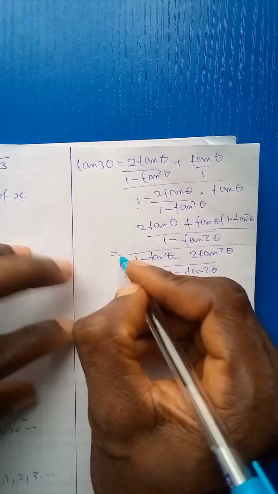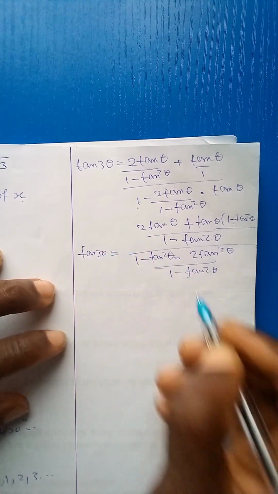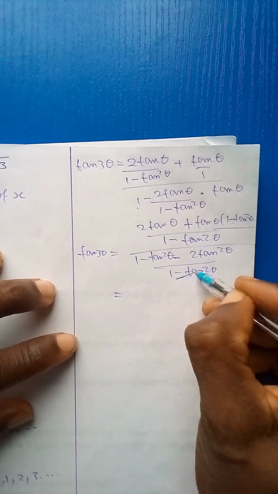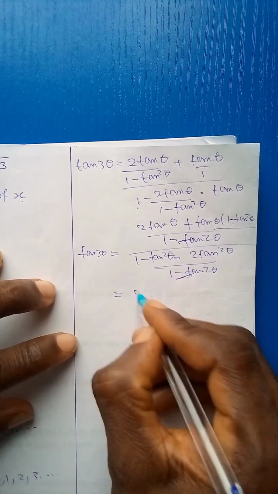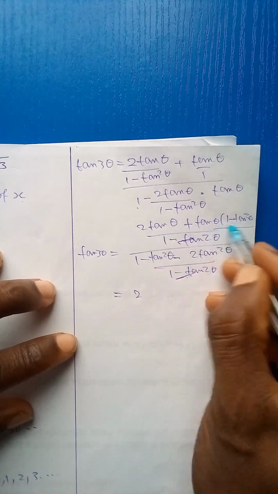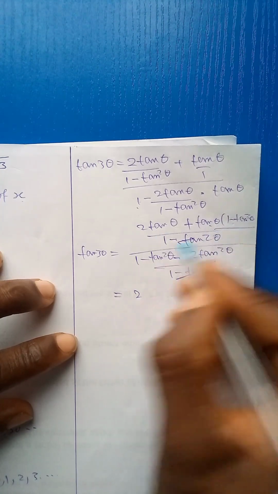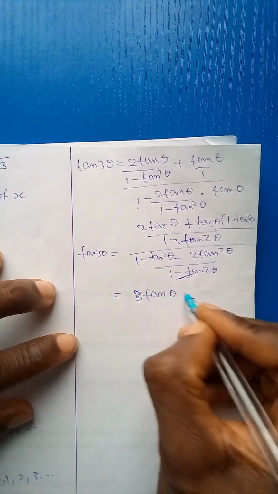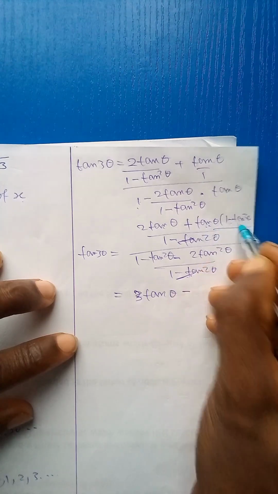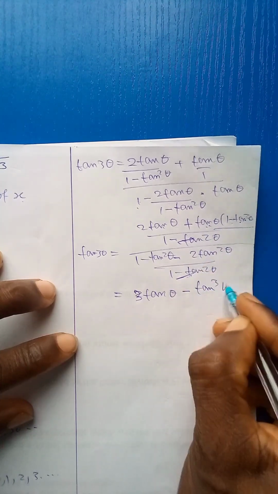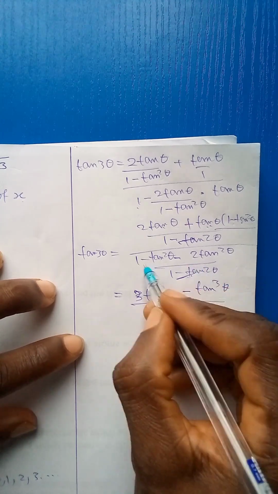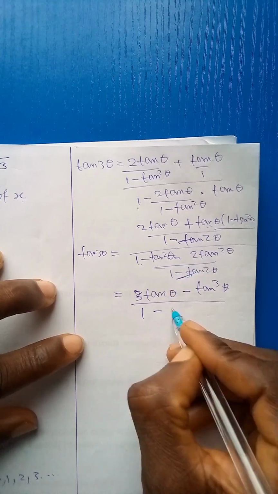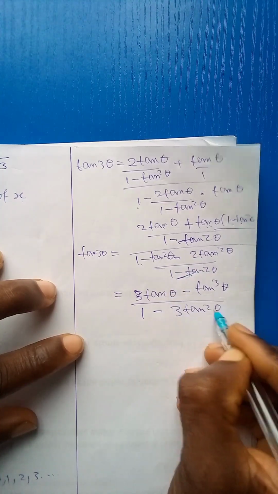Good. Let us remember this is tan 3 theta. So it simply means that I can divide these two together. This will cancel this, remaining 2 tan theta. If I open this bracket, I have tan theta added to this one, that is 3 tan theta, then minus tan theta times tan square theta will give us tan 3 theta, all over 1, then I'll add these two together, giving us minus 3 tan square theta.